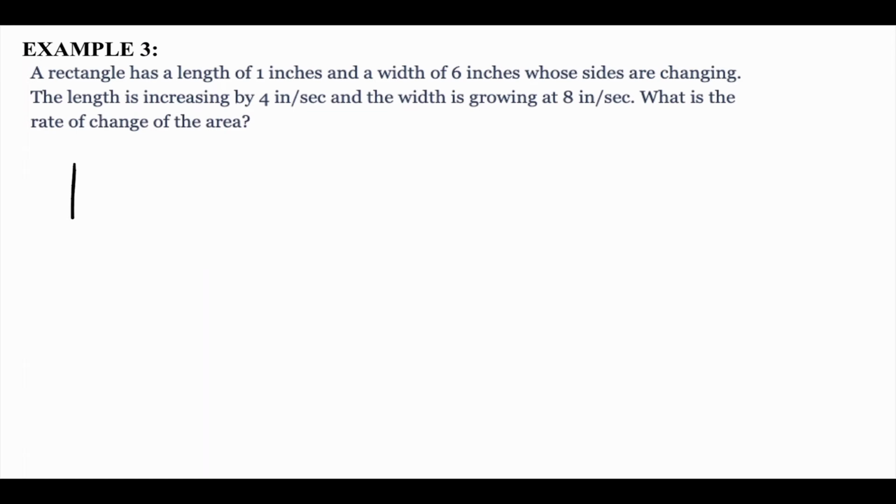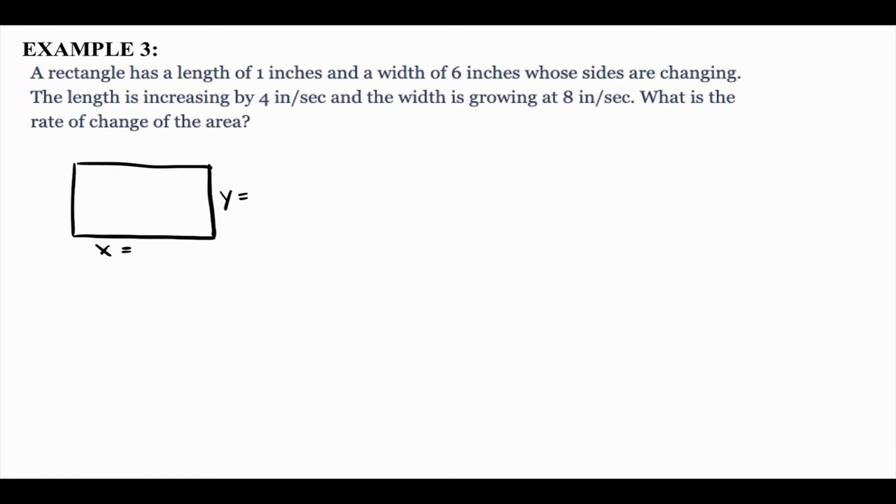I didn't put this as one of the steps, but I always draw a little picture because it helps me see. Any length that goes horizontally, I call X. Any length vertically, I call Y. I keep it simple like that.